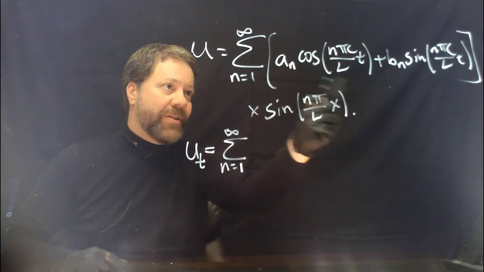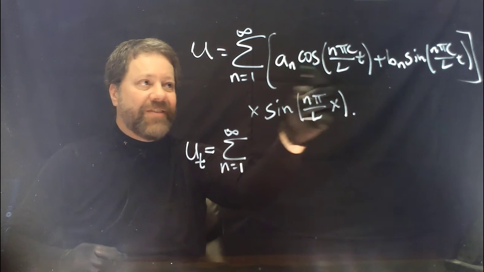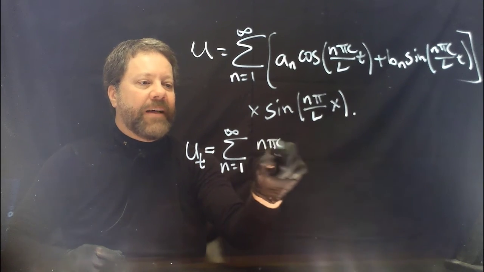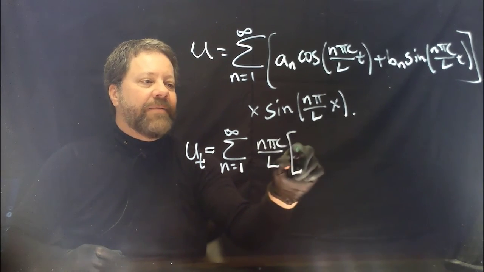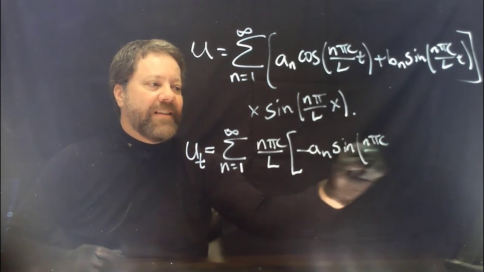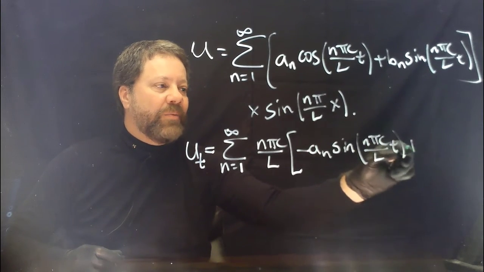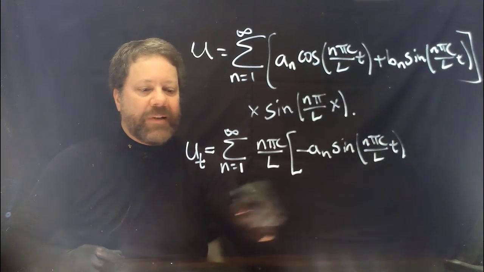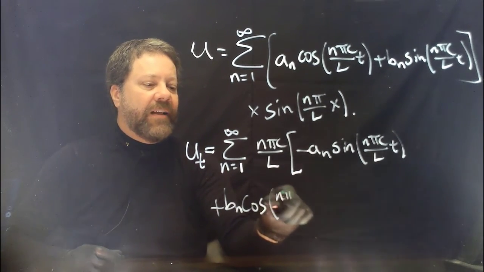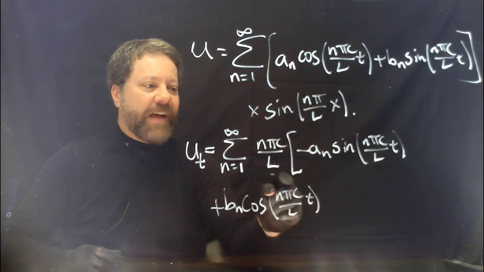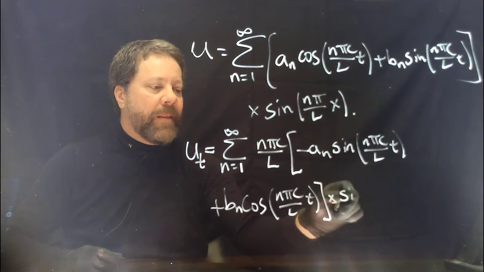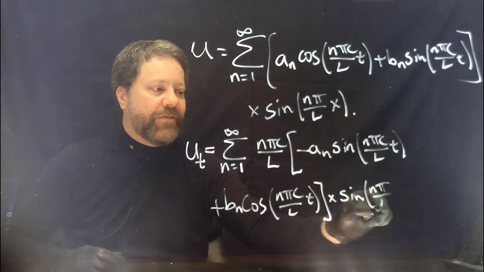The only thing that changes is the derivative of cosine is negative sine. We have to multiply by the derivative of the inside. We'll have n pi c over L times minus an sine n pi c over L t plus bn cosine n pi c over L t, where we've already factored out the n pi c over L here, all times the sine of n pi over L x.